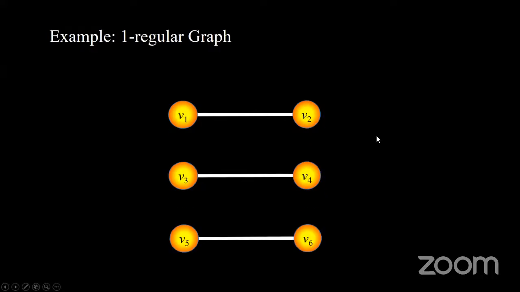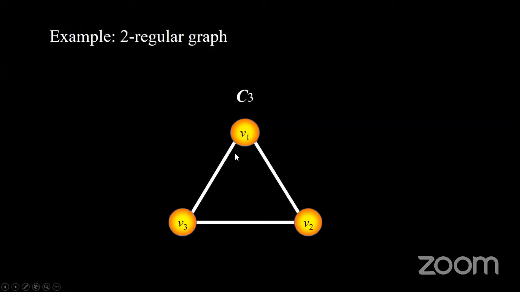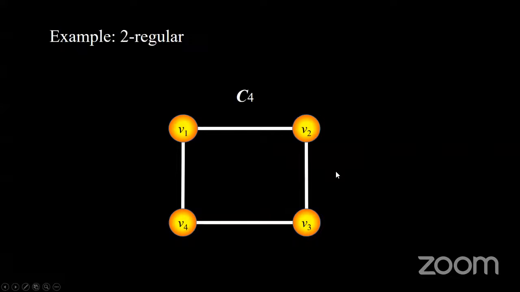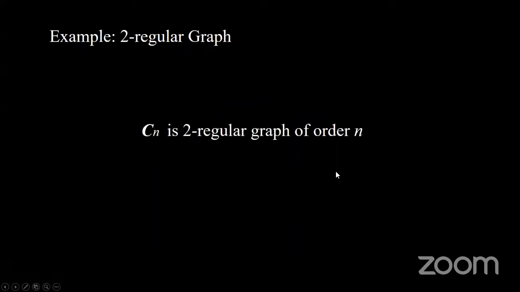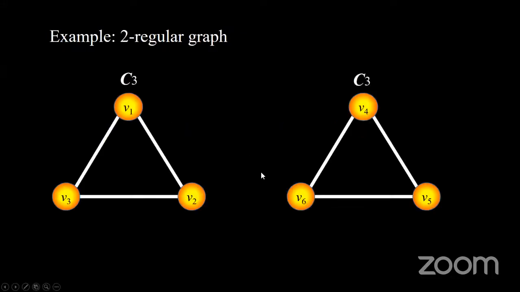Okay, so they are 1-regular. And this one is 2-regular because every vertex has 2 edges. This one has that and that. This one has this edge and that edge. Yeah, and so on. This one is also 2-regular. So Cn, the cycle, is a 2-regular graph.